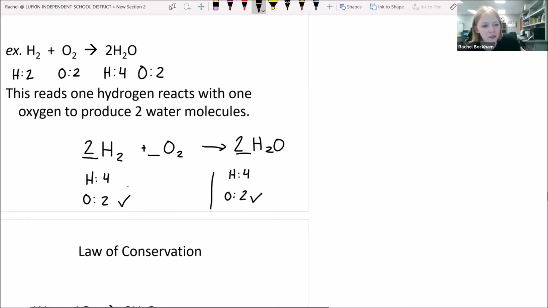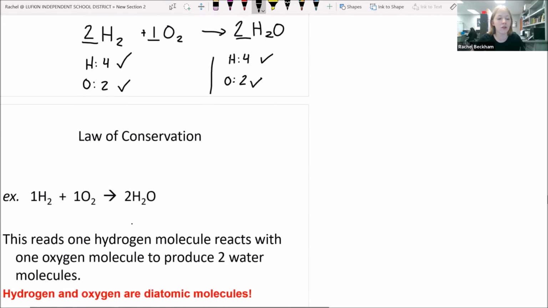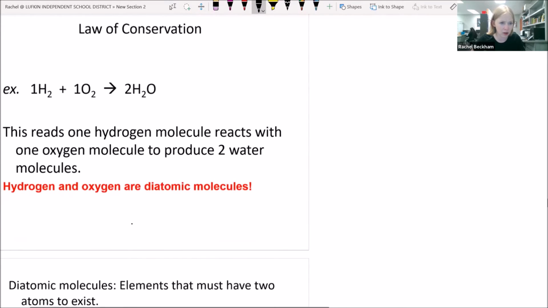And there's nothing I need to do to my oxygens. They're already good to go. So I can just put a 1 right there. We don't need to change anything about it. This is balancing reactions. And if you can balance reactions and recognize types of reactions, you'll be good to go for today's lesson and really a lot of Thursday's lesson as well.